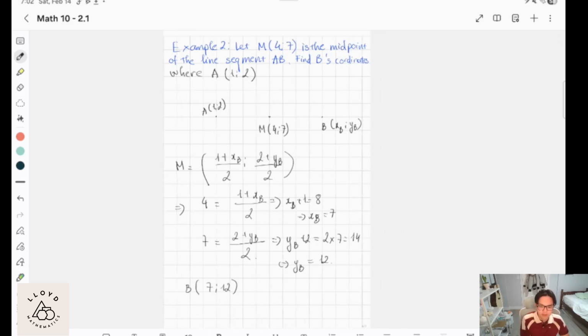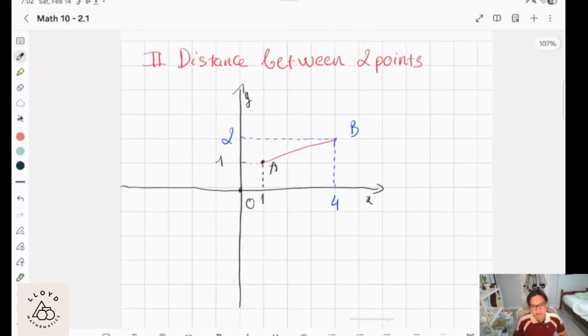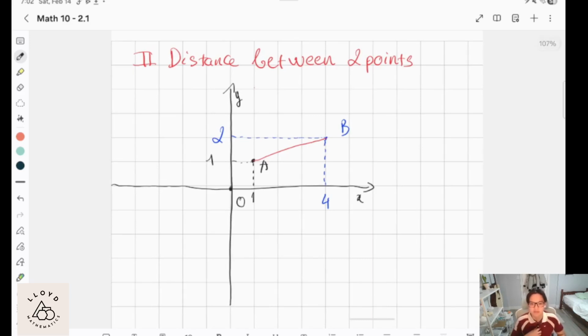Okay, and this is the next topic: the distance between two points. As given here, A and B form a line segment. How can we calculate the distance between these two points?